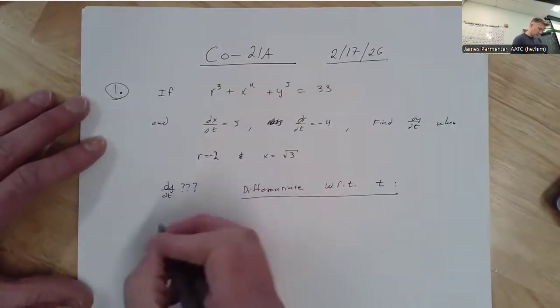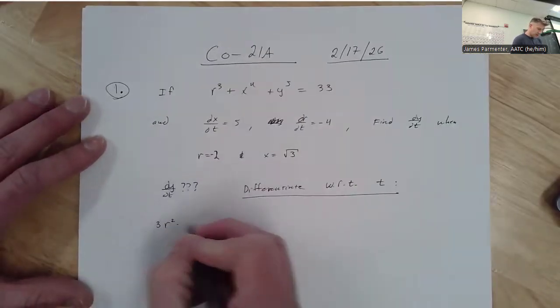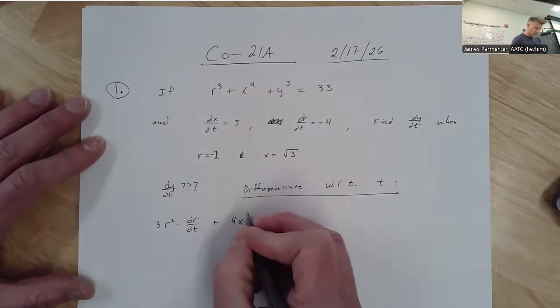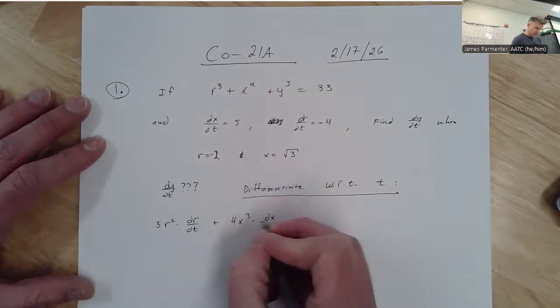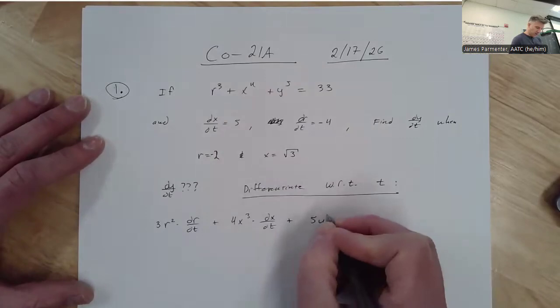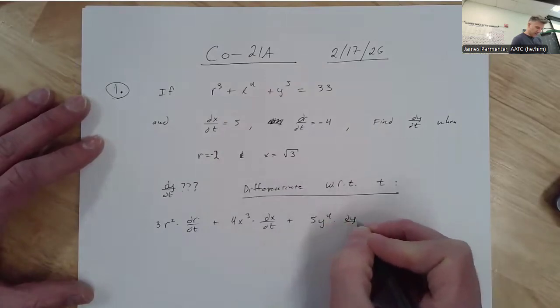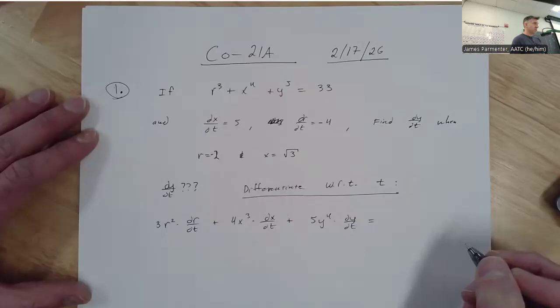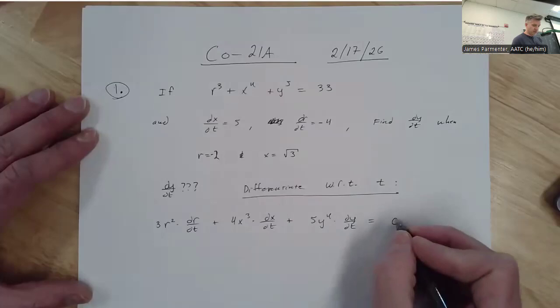The derivative of r cubed is going to be 3r squared times dr/dt. The derivative of x to the fourth is going to be 4x cubed times dx/dt. The derivative of y to the fifth is going to be 5y to the fourth times dy/dt. And it's going to be equal to 0, the derivative of 33.